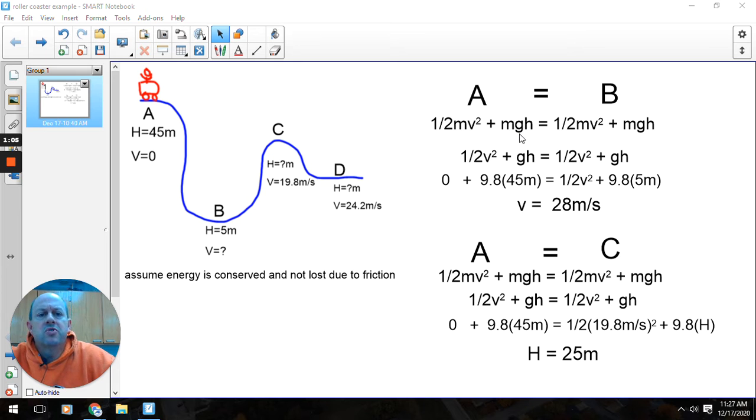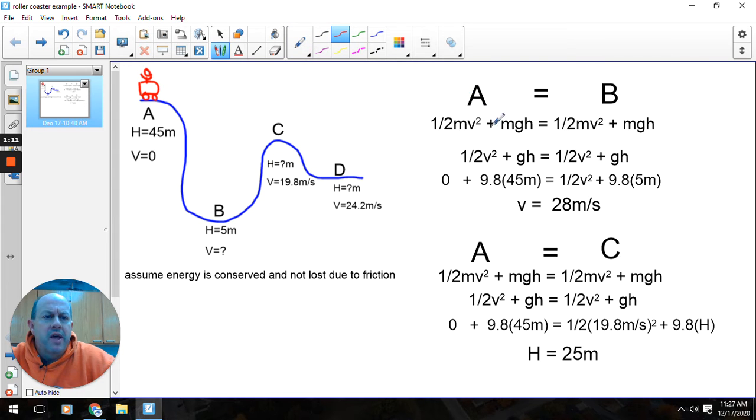Gravitational potential energy formula is mgh. As you see, we don't have a mass, but each one of these components has mass to it, so those masses can drop out. That gives us this formula after we've canceled the mass out.